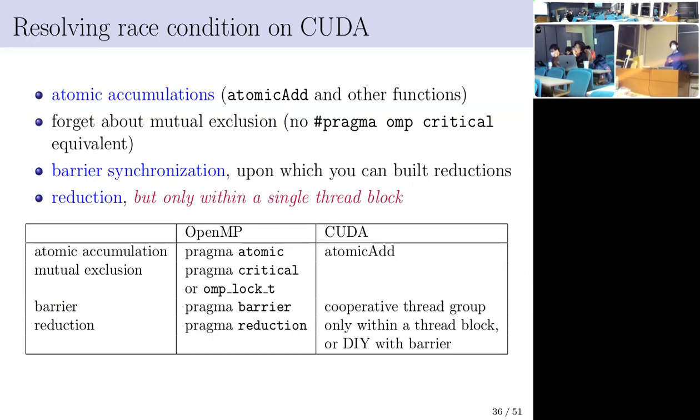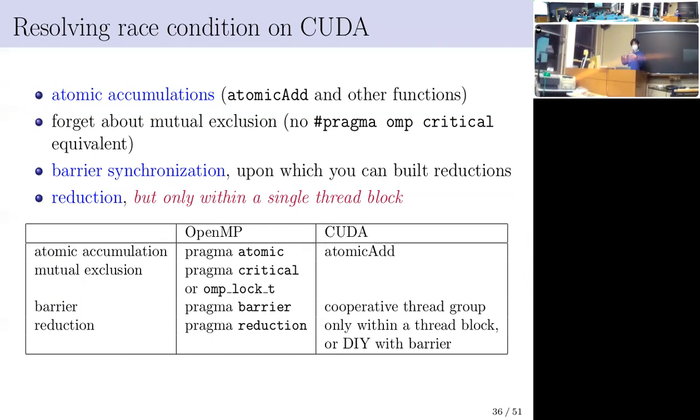Actually, how do you fix this? How to work around this problem is conceptually very similar to what you had in OpenMP. Just remember what you had in OpenMP. One is something called critical, which makes sure that this piece of code does not run simultaneously, even if it is executed by multiple threads.